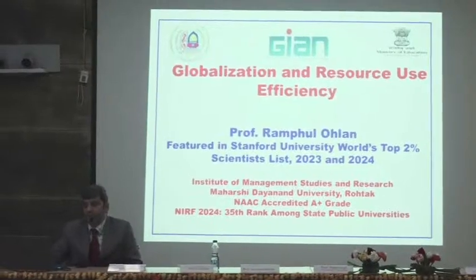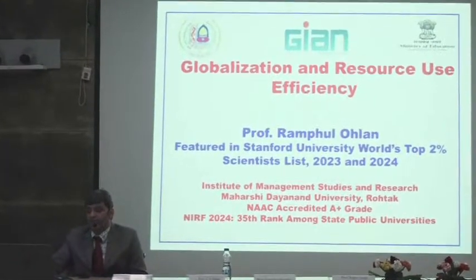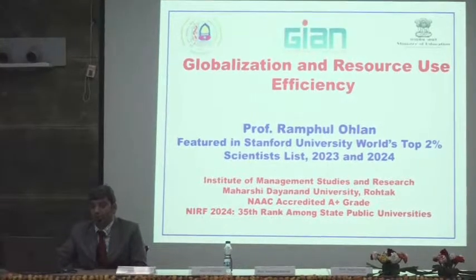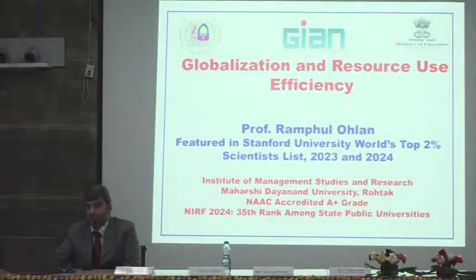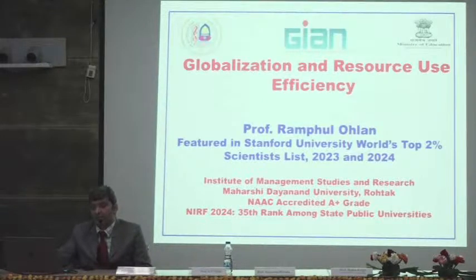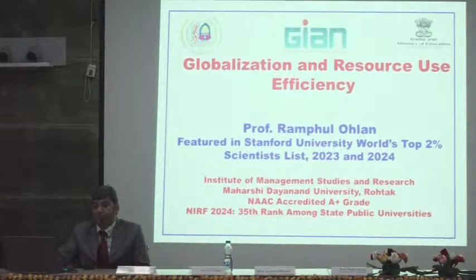Now we will discuss globalization and resource use efficiency. As the focus of our course is on measurement of efficiency and productivity, we would like to contextualize the efficiency with international business. And in these slides and this discussion, we would like to discuss some indicators used for international comparison of efficiency.